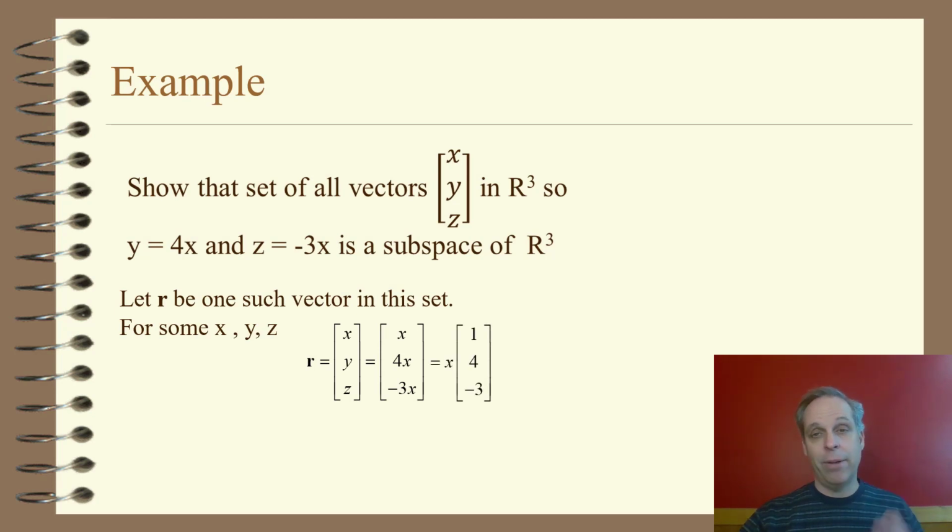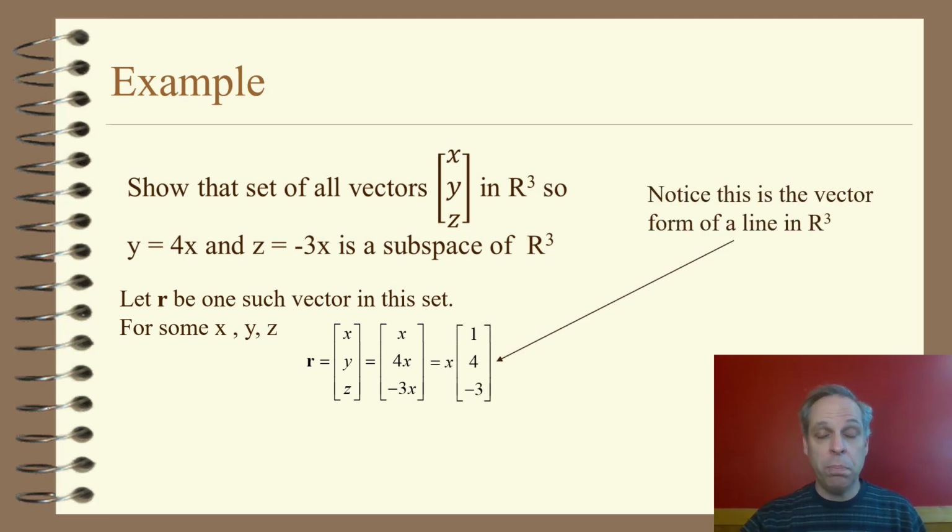Notice you can then take the x out. So the vector R is just some multiple of 1, 4, negative 3. And as the vector is a multiple of 1, 4, negative 3, that's the equation of a line. It's just that it's not written the normal way. Normally the parameter is t or s, and we call the vector x, but that's exactly the equation of a line.